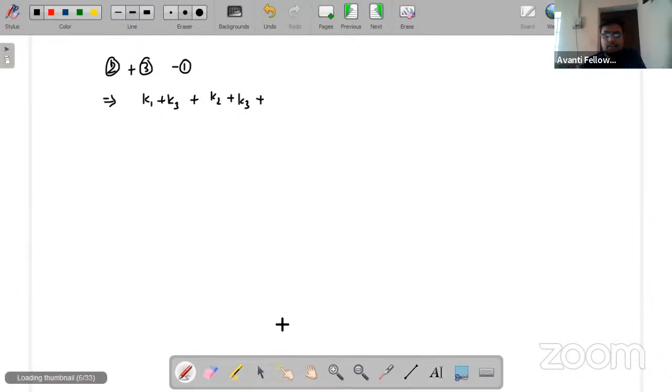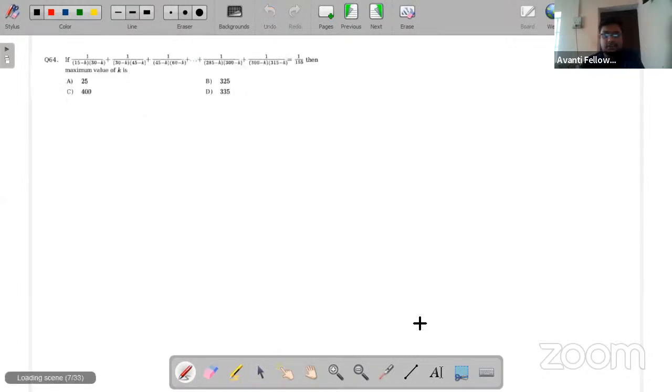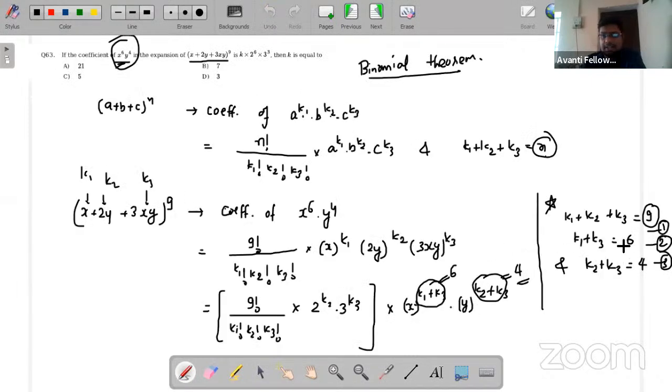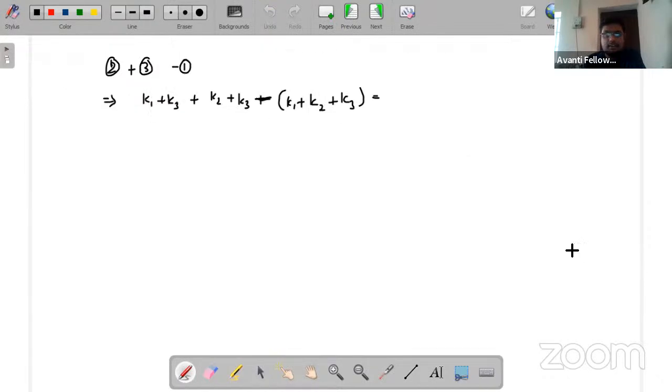And then in the first equation, it is minus k1 plus k2 plus k3 is equal to, on the right hand side, what will we write? On the right hand side, we'll write 6 plus 4 minus 9. Now you can see k1 cancelled, k2 cancelled, k3 cancelled. The only thing remaining on the left hand side is k3. On the right hand side, 10 minus 9 is 1.